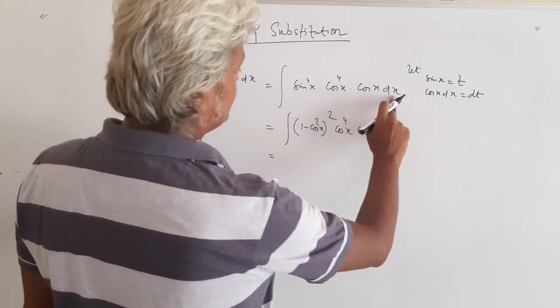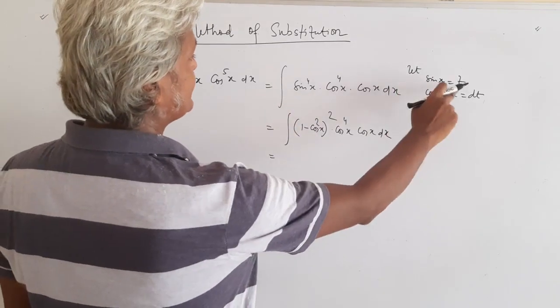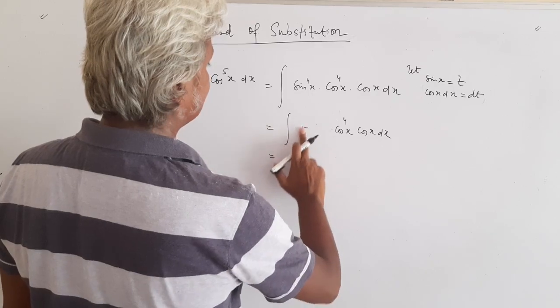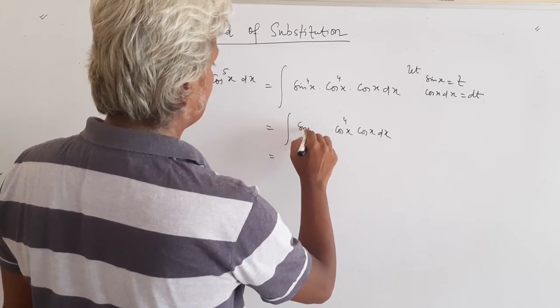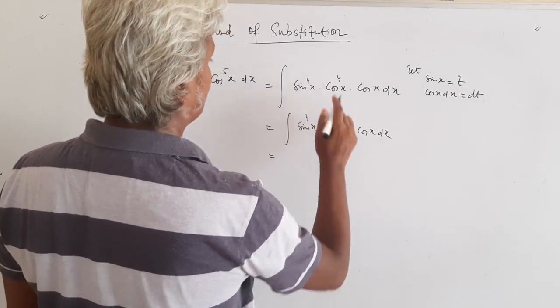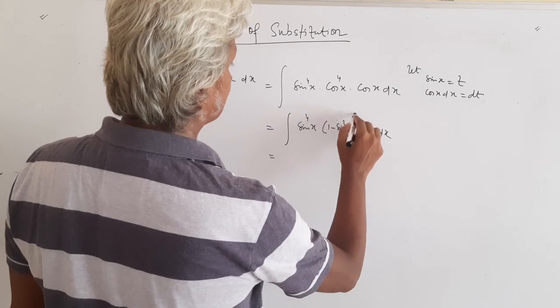So this cos x dx can be replaced as dt, and since I am assuming sin x as t, I need to keep sin to the power 4x as it is, and in place of cos to the power 4x we write 1 minus sin square x whole square.